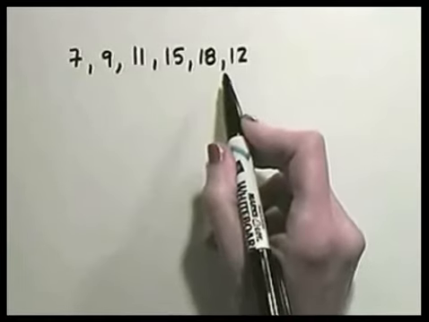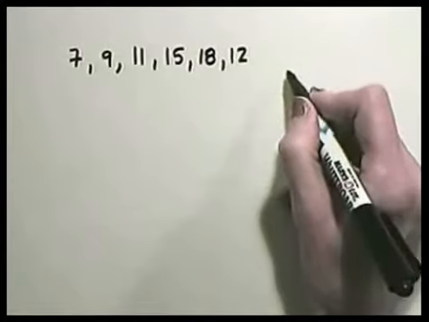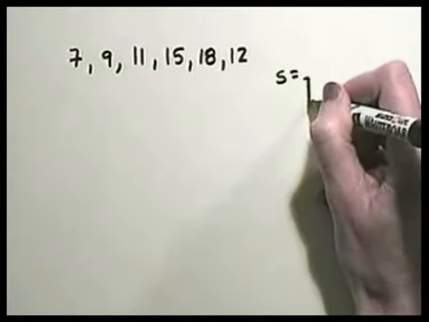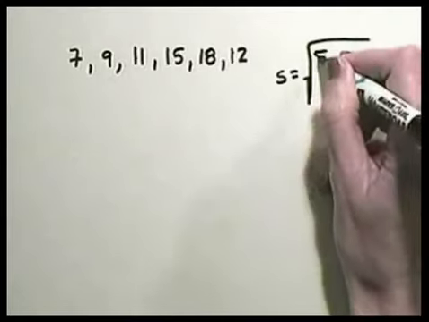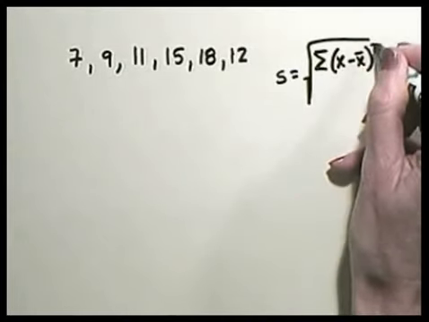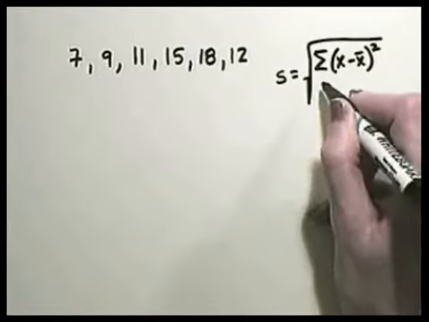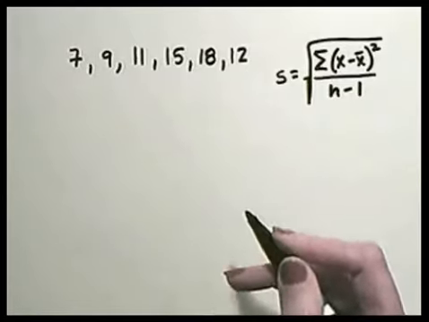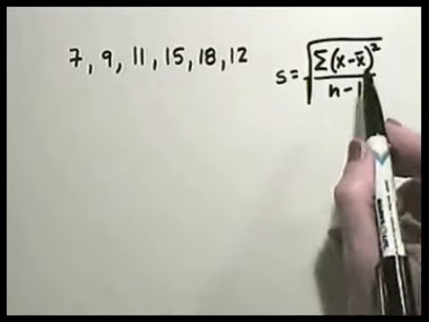We have to remember that the standard deviation is equal to the square root of the sum of (x minus x bar) squared, and that sum divided by n minus 1. Let's identify some things that we're going to need.